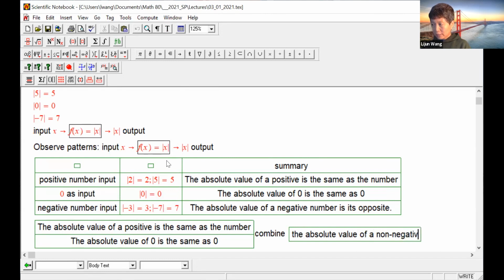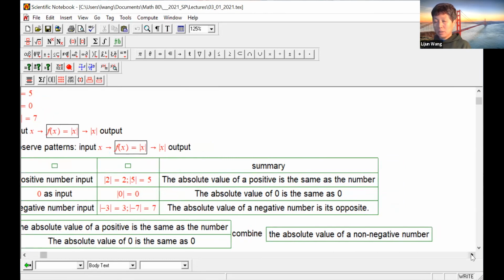Do you guys know what a non-negative number is? Non-negative numbers include positive numbers or 0. When you put all the positive numbers and 0 together, they are no longer called positive. They're called non-negative numbers. It's a class of numbers that includes 0 and positive numbers. Do you follow me?